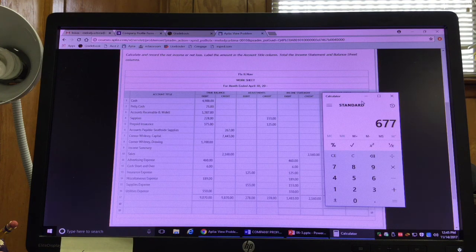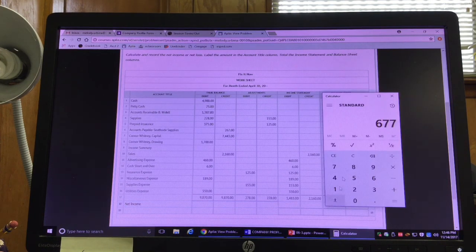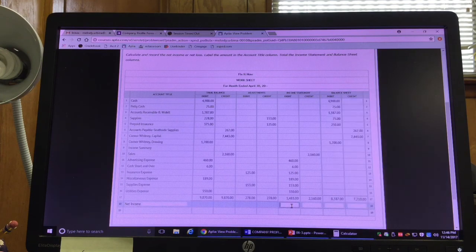This is our net income. So our net income is going to go right here, and that is $677. I'm just going to copy and paste it. It's also going to go over here.